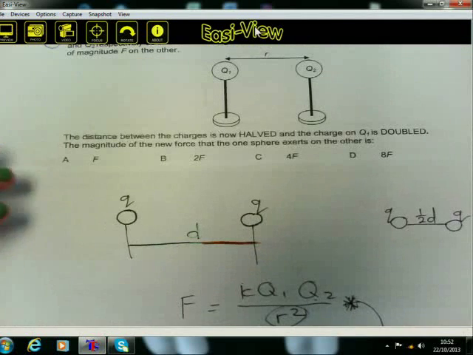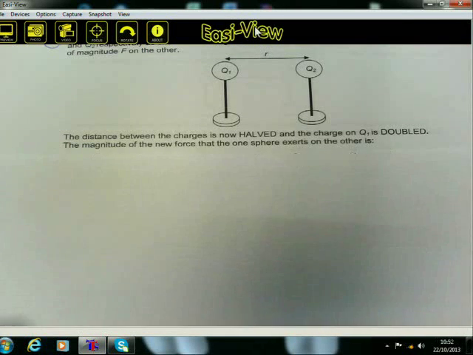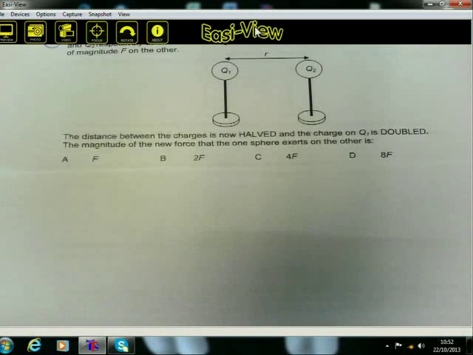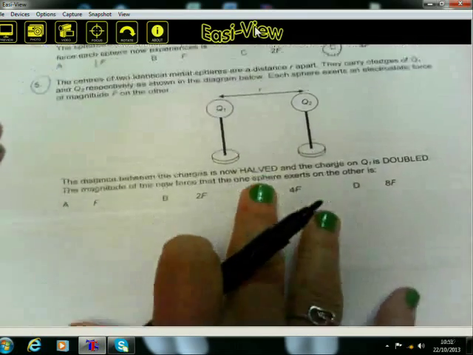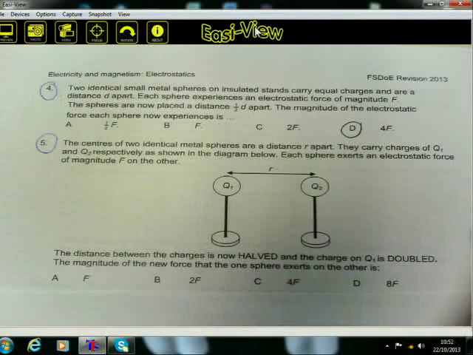Okay, so we have another one here that's almost the same, but let's do it again. I'm going to ask you to do this one by yourself. It's similar to number 4. It's just worded a little bit differently. So let's see if you guys can do it by yourself.